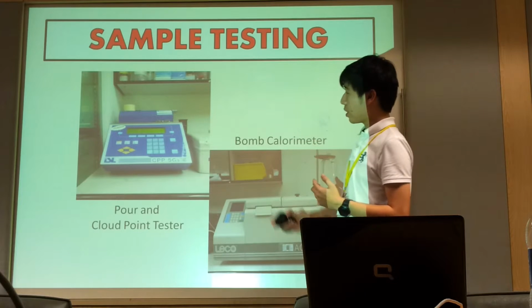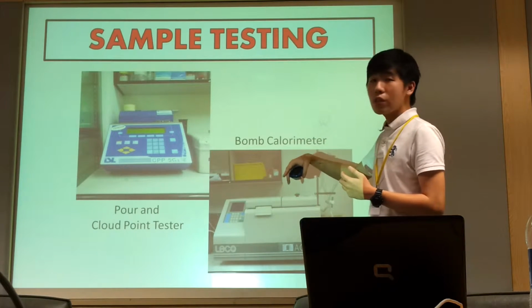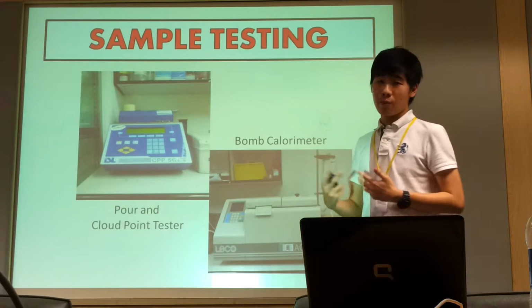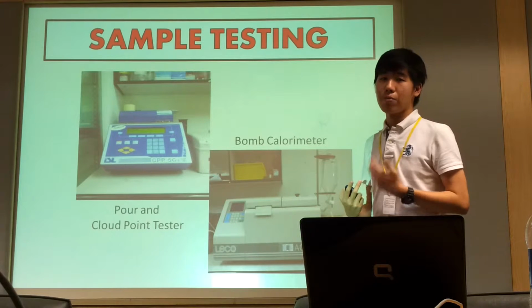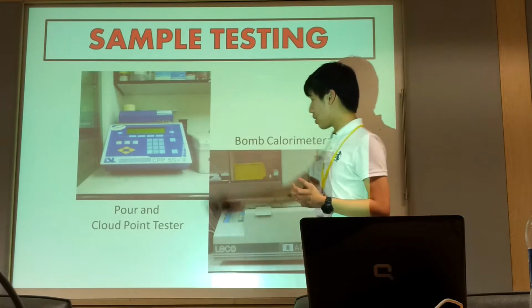This process is actually very simple. You just enter the substances inside and key in values and estimate it, and of course you just wait probably 1 to 2 hours depending on different substances, and the result will appear on the machine itself.